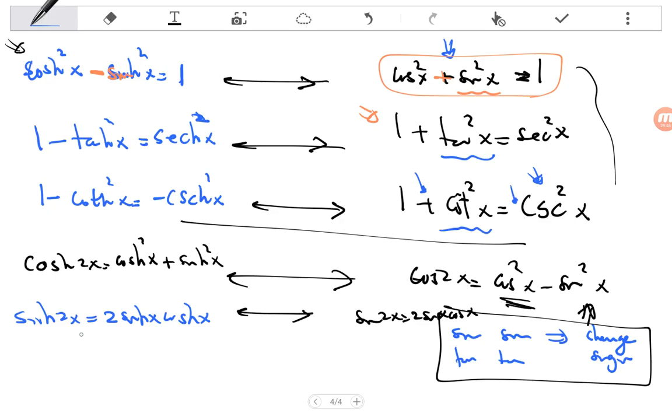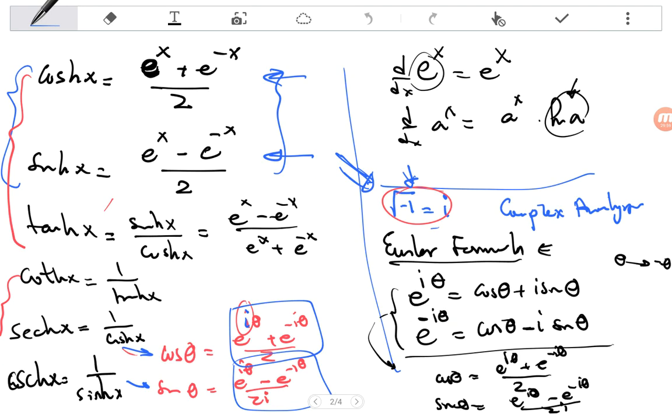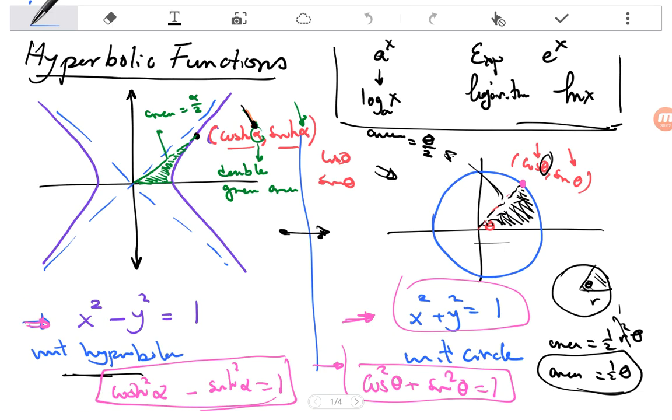Now, by the way, the argument of hyperbolic functions is not an angle. Okay? It is just a number. We learned before that in trigonometric functions, the argument, or what is inside the sine or cosine, is called an angle.